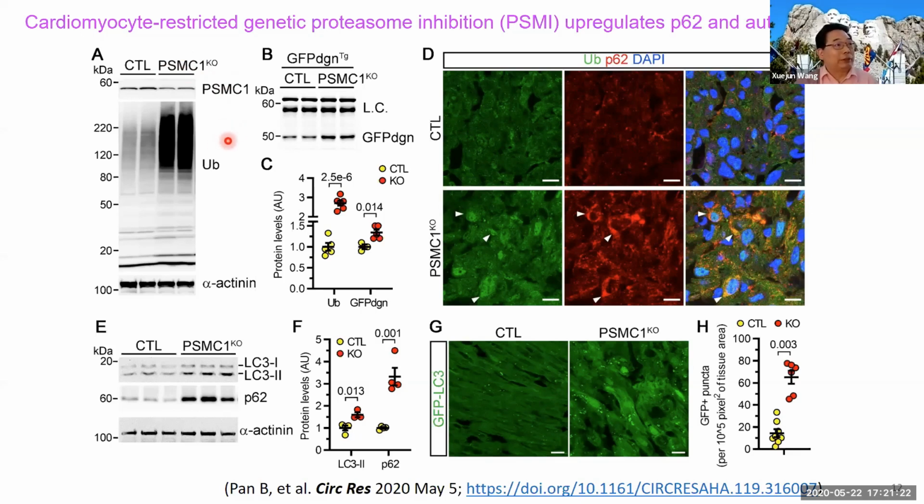Here, as expected, when you inhibit a proteasome, there's a huge accumulation of ubiquitin conjugates in the cell, as shown here. You can also say that this is alpha myosin heavy chain-driven Cre-mediated conditional knockout.